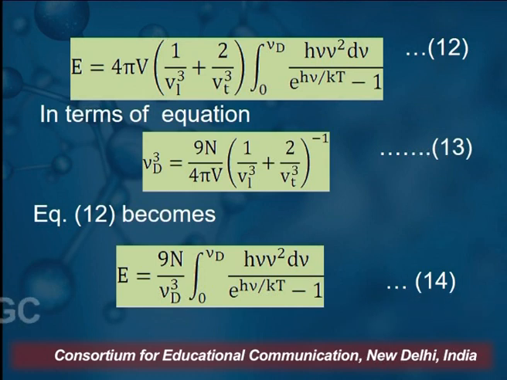In terms of this equation, nu d cube equals 9n upon 4 pi V (1 by vL cube plus 2 by vT cube) whole to the power of minus 1. This equation number 12 will take the form E equals 9n by nu d cube, integral from 0 to nu d of h nu cubed d nu upon e to the power of h nu by kT minus 1.